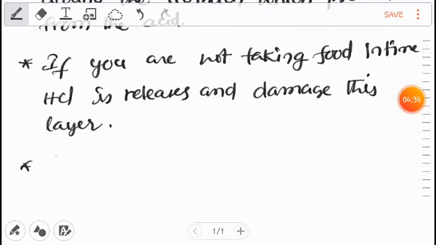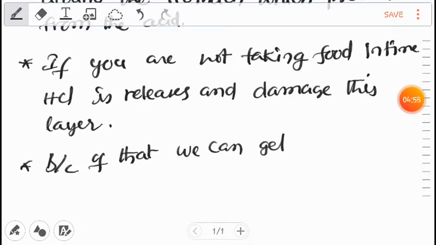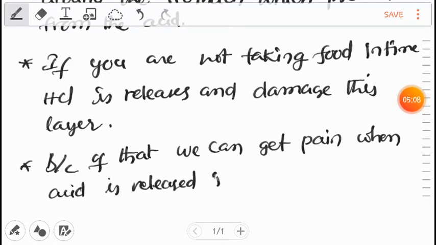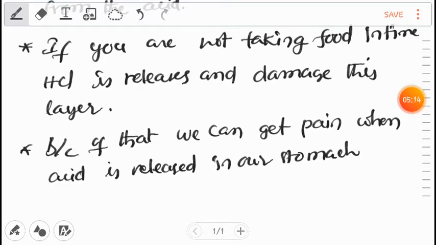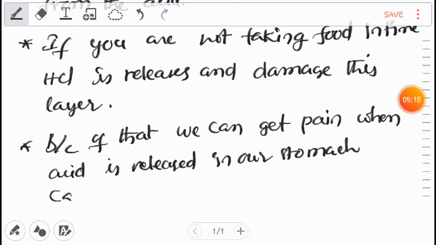Because of that, we get pain whenever acid is released in our stomach. This is called acidity.